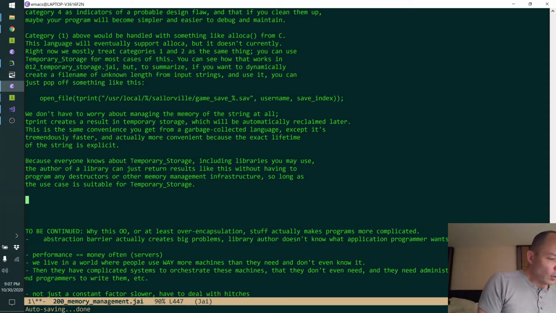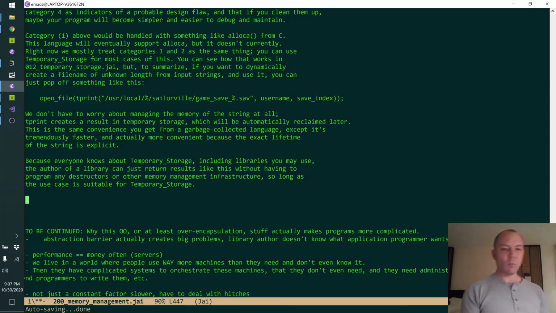Is temporary storage limited? No, not really. Well, maybe. But in a safer capacity than alloca?